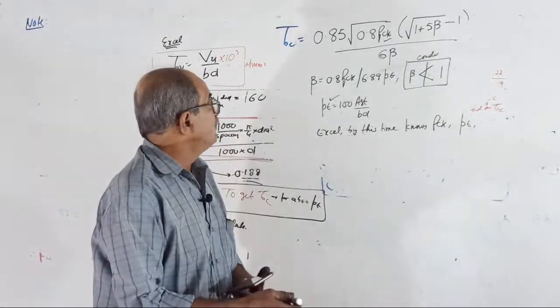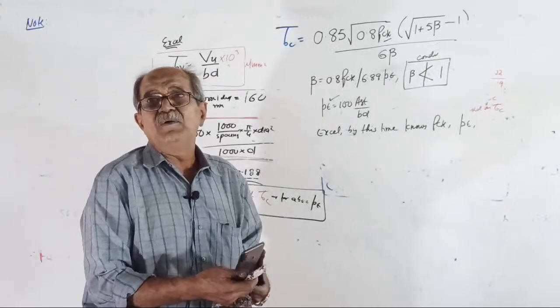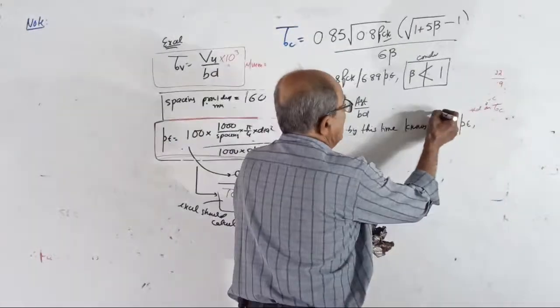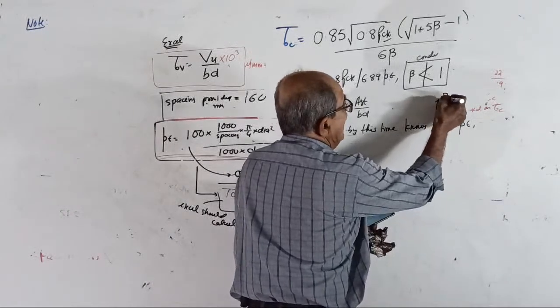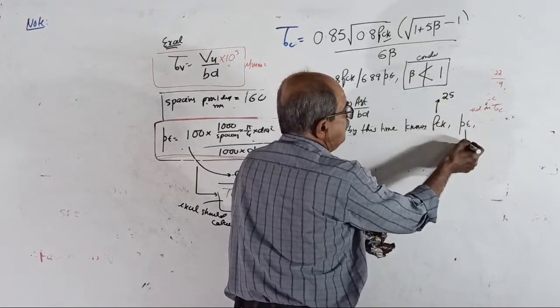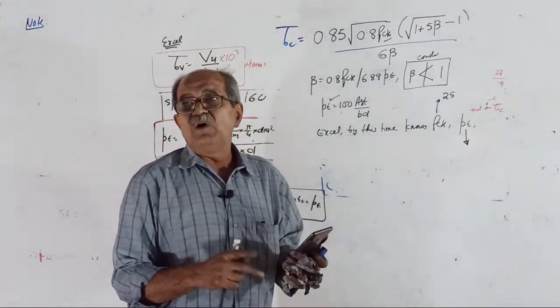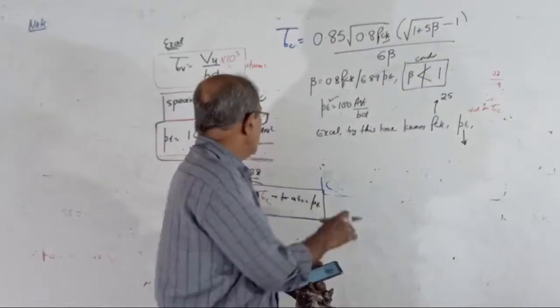Tell me. By this time, for our first question, our lengthwise bending, Excel knows that FCK is 25 and PT is, tell me, what is PT for our first question or lengthwise bending?